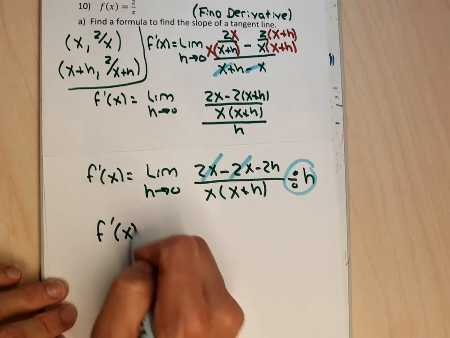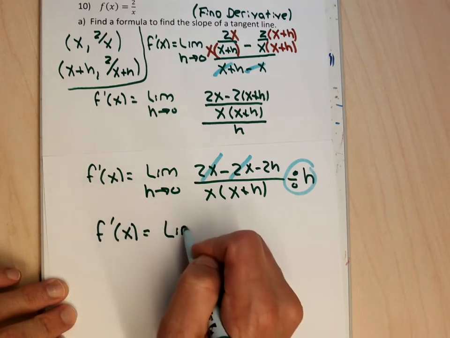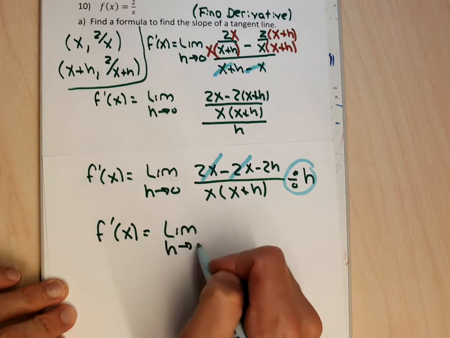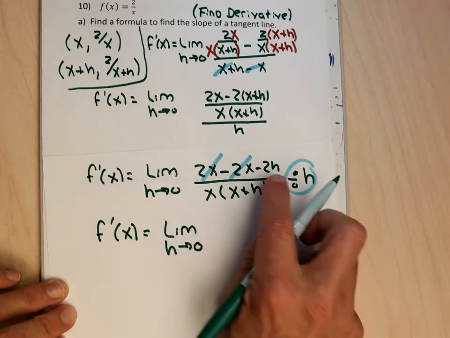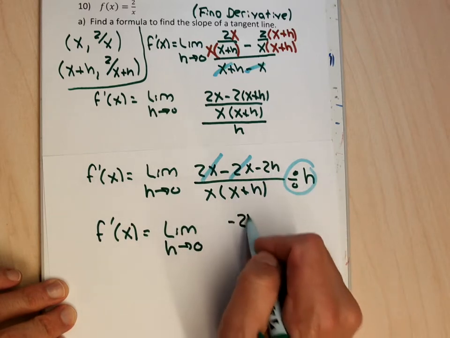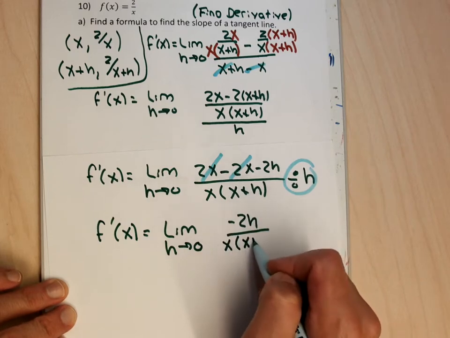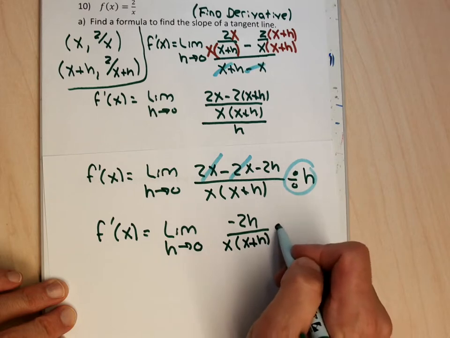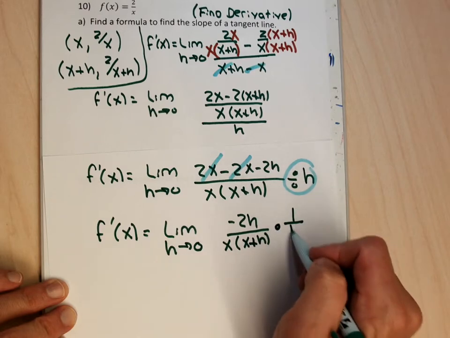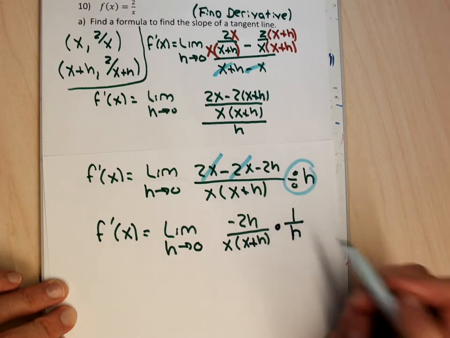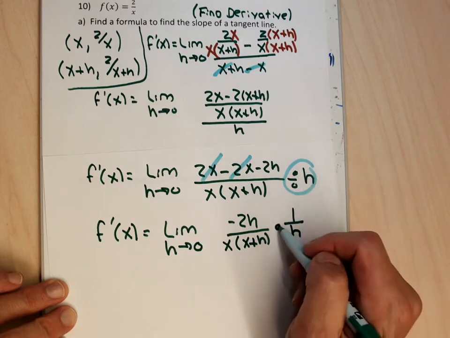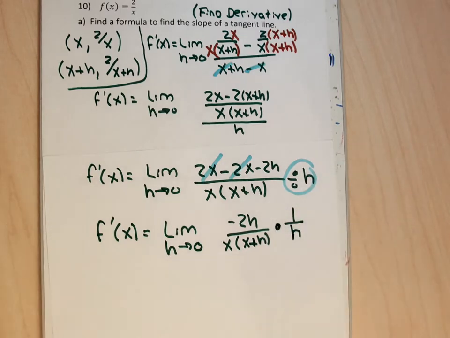So I'm going to rewrite this as f prime of x equals the limit as h goes to 0, and then in the numerator of the fraction I have a minus 2h. In the denominator I have an x times an x plus h. And instead of writing divided by h, I'm going to write times 1 over h, because dividing by a number is the same as multiplying by its reciprocal.